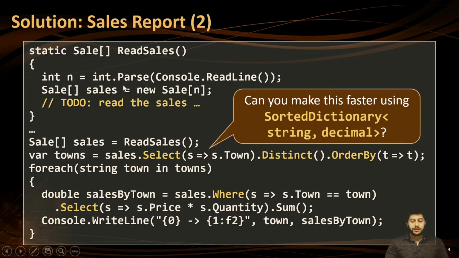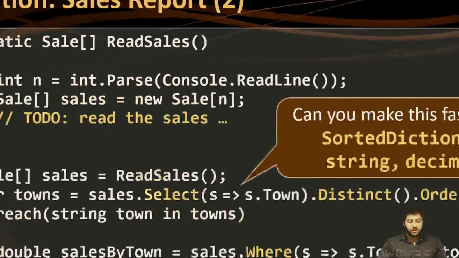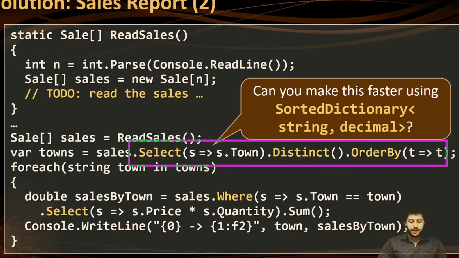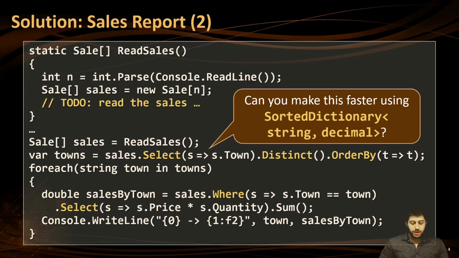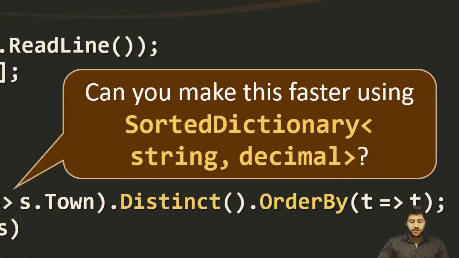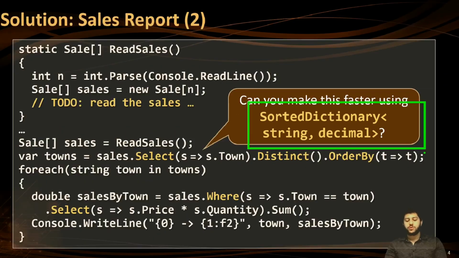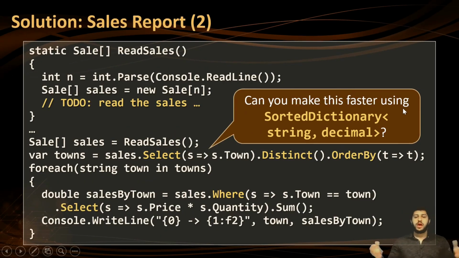And finally, what they did is they used extensively link in order to do the same thing which we solved methodically. Okay, and by the way, we could even use something called a sorted dictionary, which will just keep everything ordered by key in ascending order. But whatever, it doesn't really matter since we solved correctly the problem.